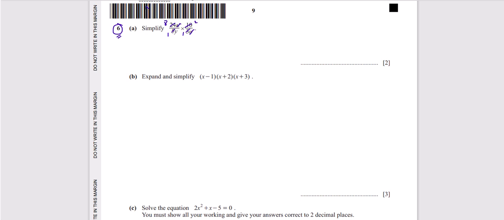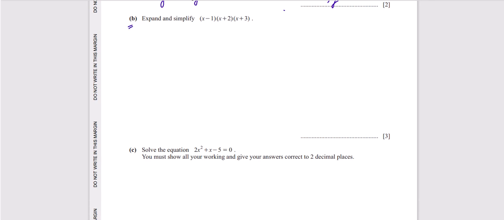So the remaining values are 8 multiplied by 2, divided by y. 8 multiplied by 2 is equal to 16 over y. So the final answer is 16 over y.